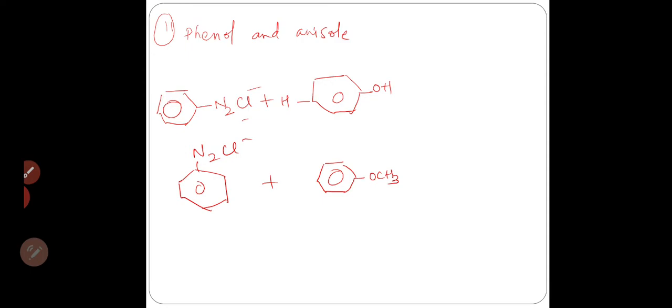For phenol, whenever you are writing down the product with this diazonium salt, this is how you have to write, because it is easy for you to write the product. Again here, HCl comes out. So you will get benzene, then N double bonded N, then benzene ring, then OH.